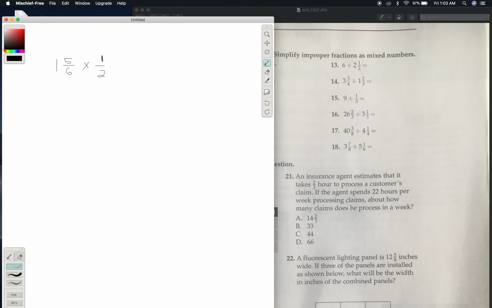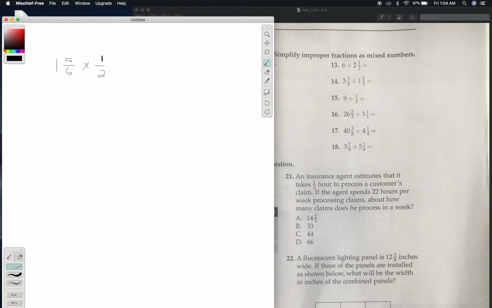With mixed numbers, you have to resolve them into improper fractions. Remember, an improper fraction is when the number on top is bigger, say if this was 15 over 6 with no 1 here.